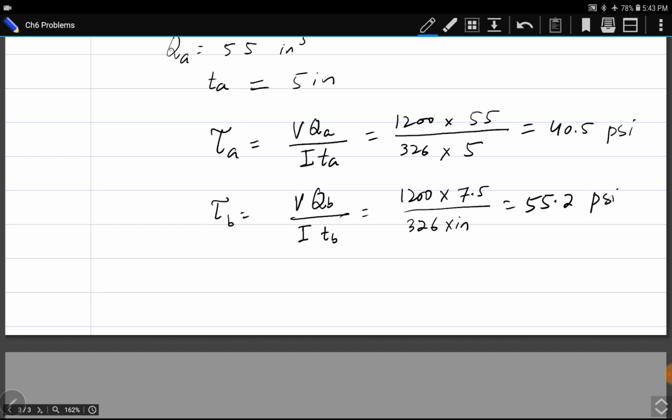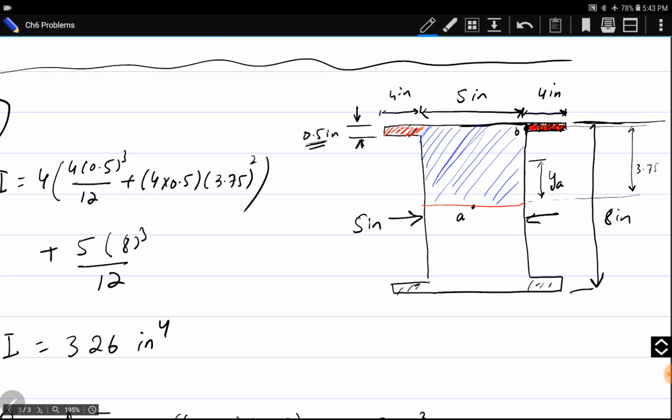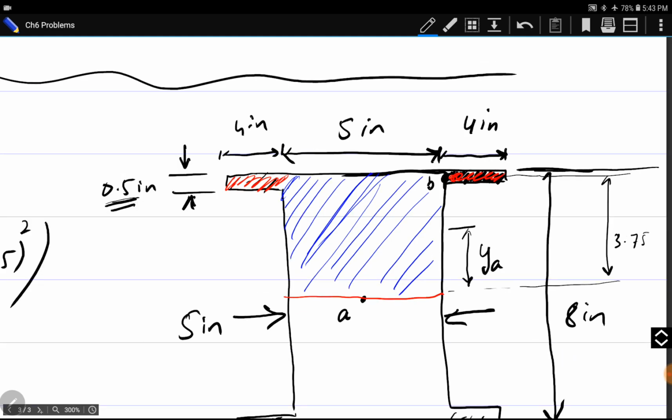So tau A and tau B, the shear stress at A and B, have been calculated using the formula VQ over IT. QA and QB were very important. We need to know the exact area. For point B, it was this area, and for point A, it was the area with red color plus the area with the blue color shading.